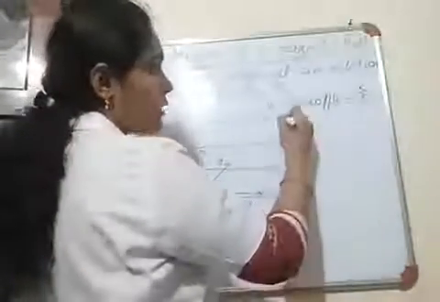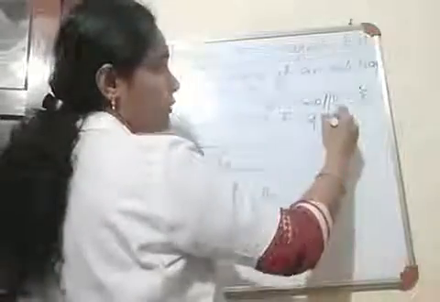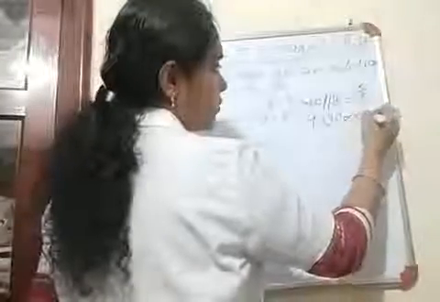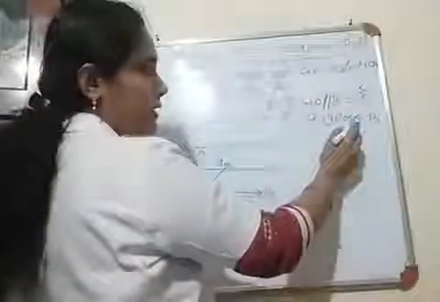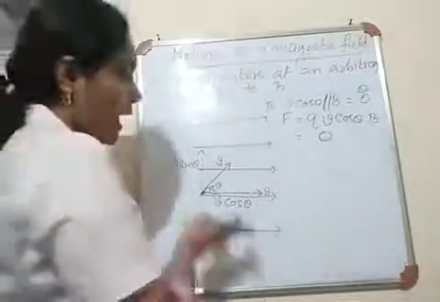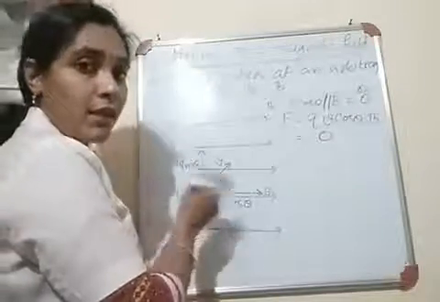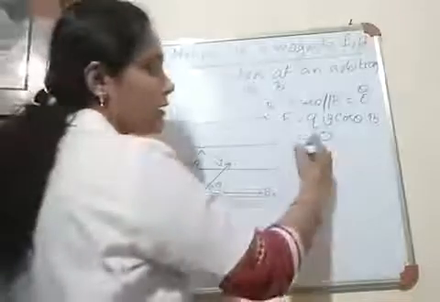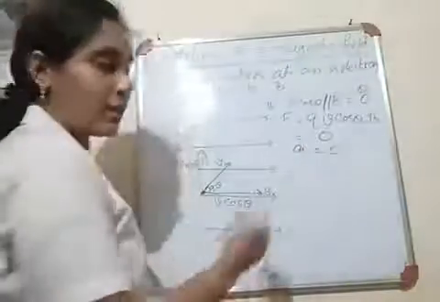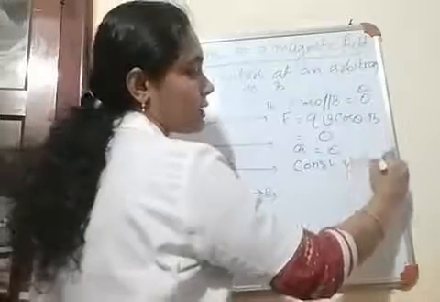Now what is the force? Force is QVB, right? So here Q into V is V cos theta, so V cos theta into B, and what is theta in this case? Theta is 0. So our force will be 0. So along this direction, the particle will experience a 0 force. 0 force means 0 acceleration. 0 acceleration means constant velocity.